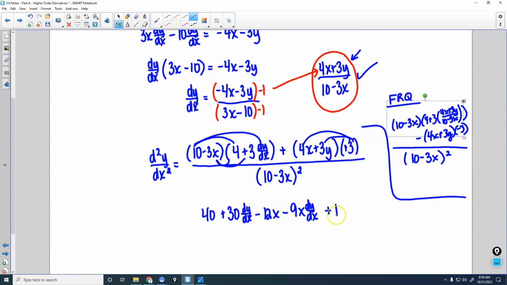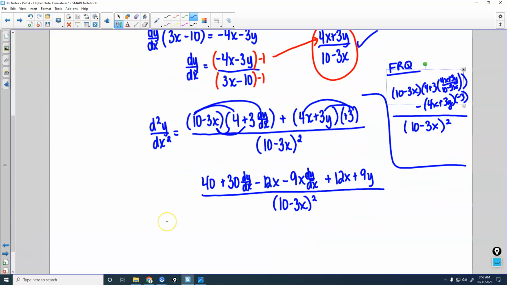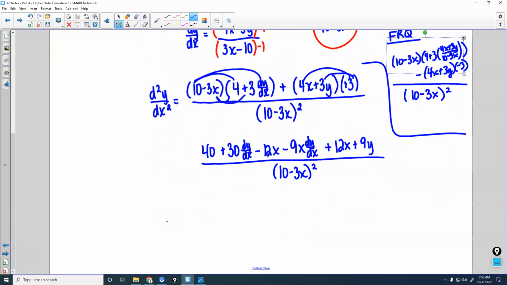So we'll get plus 12x plus 9y all over 10 minus 3x squared. And when we do that, this negative 12x will cancel with the positive 12x.